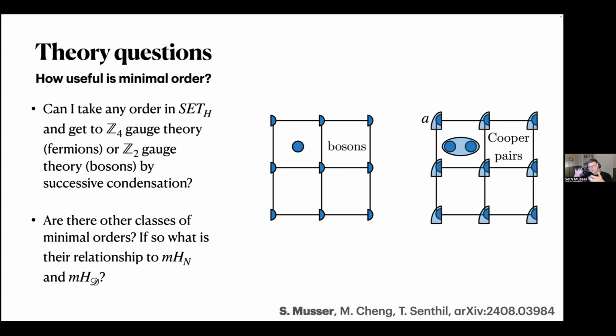Can I just trivialize that uncharged order and always flow to Z4 gauge theory? Is there some notion of flow under condensation in SET sub H with the minimal orders being fixed points of that? Are there other useful classes of minimal orders? If so, what is their relationship to minimal by anyon count or by quantum dimension?